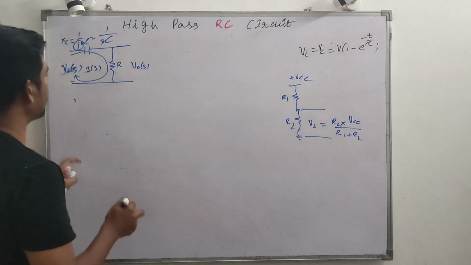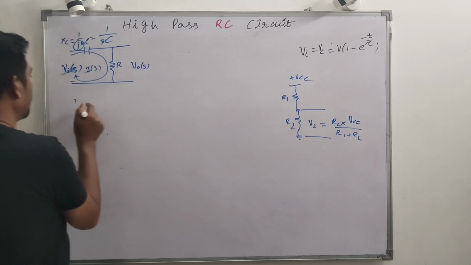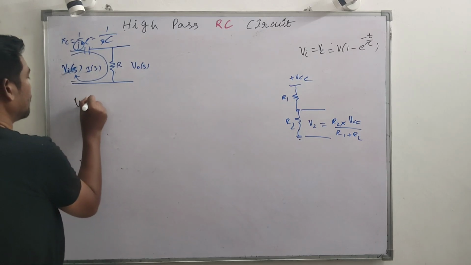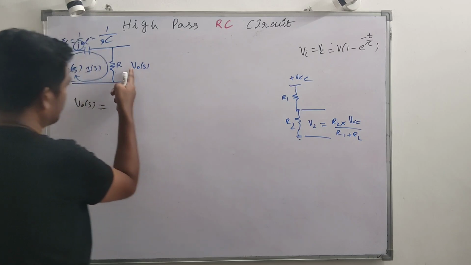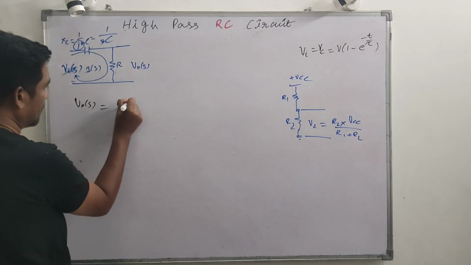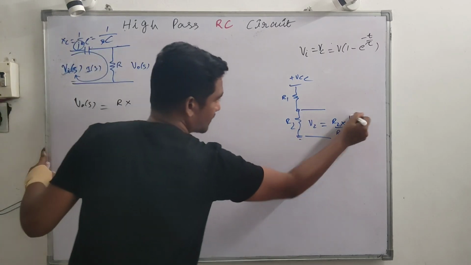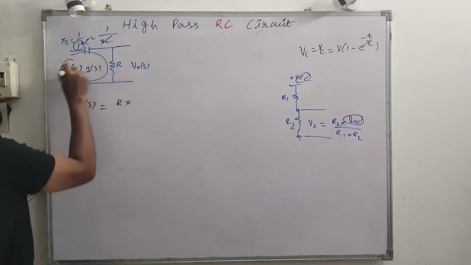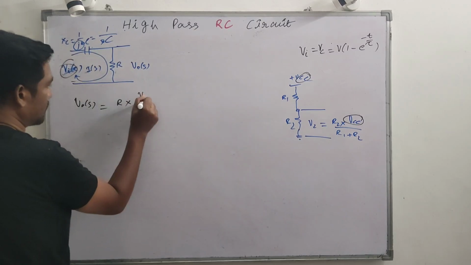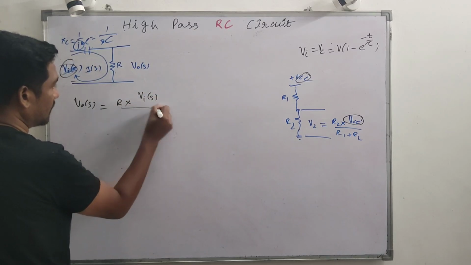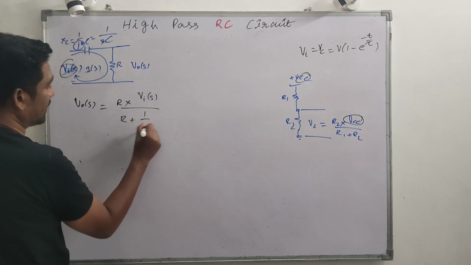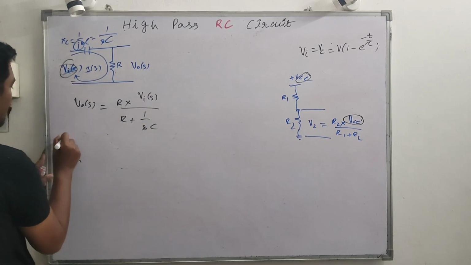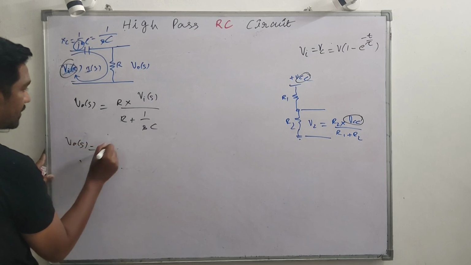So writing that expression for V0(s), we have resistor R into Vi(s) upon the total impedance R plus 1 upon sC. Fine. That gives V0(s).